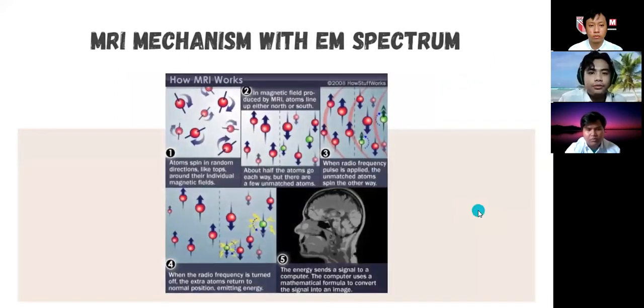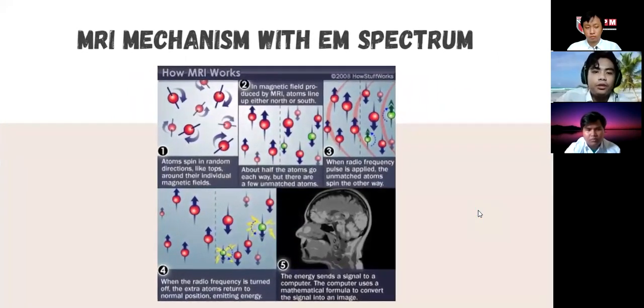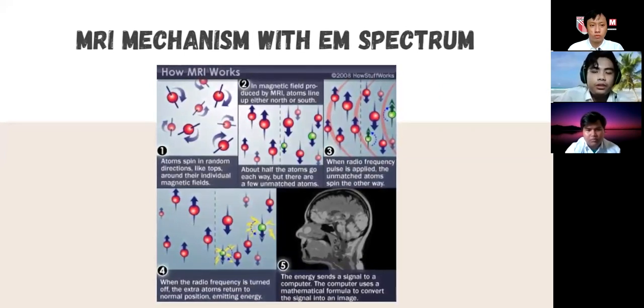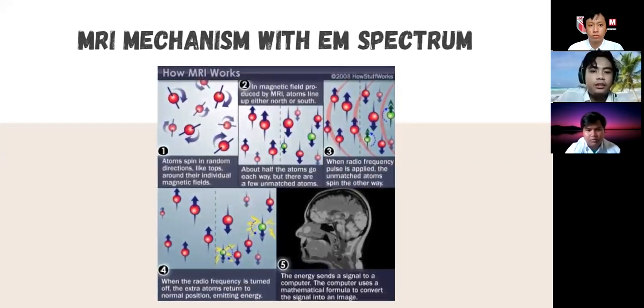So, the MRI mechanism. We know that in our body tissue we have many water atoms, water protons. All the protons become aligned with the net magnetization from the magnet, because the magnet produces a strong electromagnetic field.